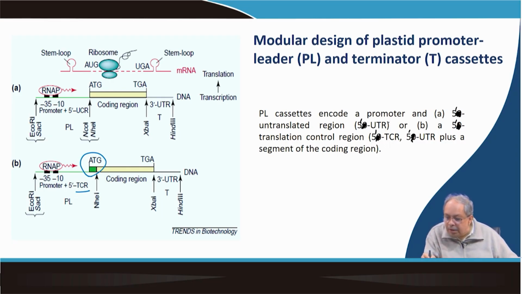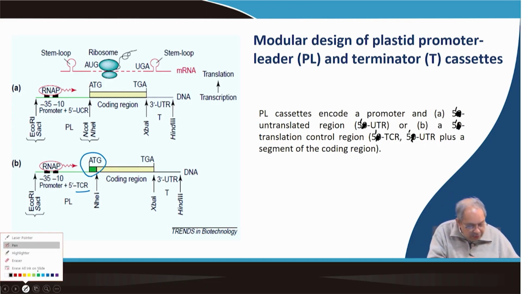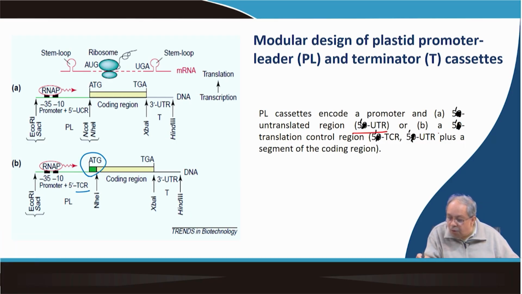So, a PL cassette encodes the promoter, the 5' untranslated region, 5' UTR, and/or a 5' translation control region, 5' TCR, which means 5' UTR plus a segment of the coding region. That is the difference. So, these are basically the ways constructs can be made so that you can get a better expression.